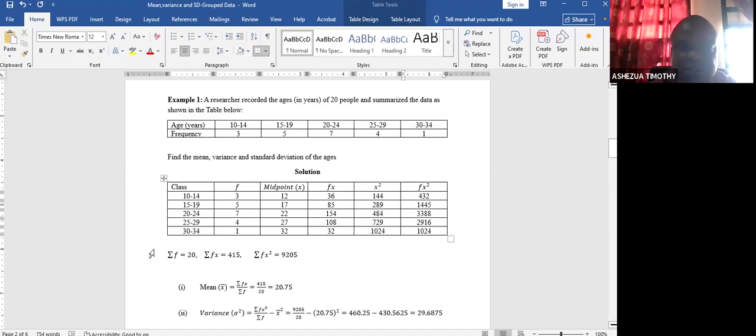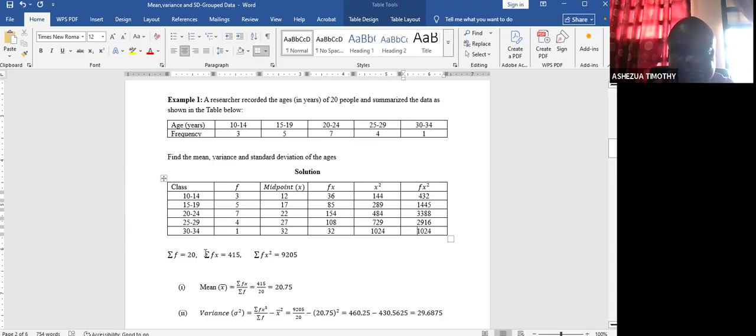Let's make progress. Now, to get our mean, you are required to sum all the frequencies, which we call summation F. You sum this: 3 plus 5 is 8, 8 plus 7 is 15, 15 plus 4 is 19, 19 plus 1 is 20.